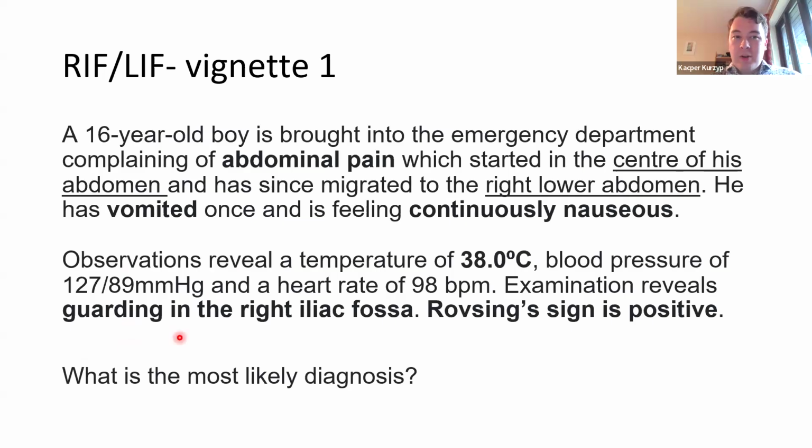Okay, so we will have our patient, a 16-year-old boy, brought into the emergency department. Abdominal pain started in the center of his abdomen and migrated to the right lower abdomen. Vomited once, continuously nauseous. Fever, hemodynamically not too bad. Guarding in the right iliac fossa, and Rovsing's sign is positive.